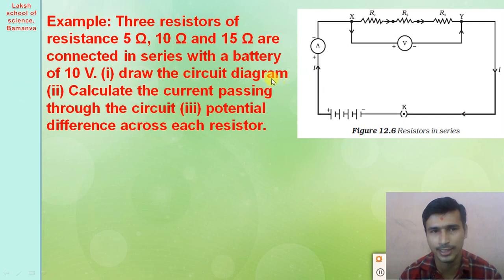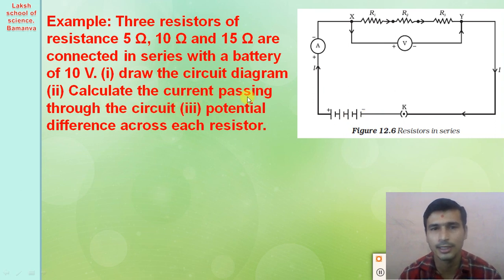Draw the circuit diagram. The circuit is similar to the previous example, right? We just change the values of R1, R2 and R3. R1 is equal to 5 ohm, R2 is equal to 10 ohm, R3 is equal to 15 ohm connected in series with a battery of 10 volt supply.